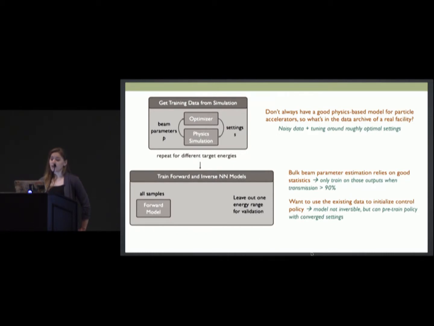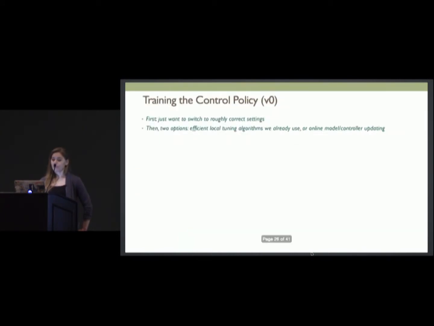And we wanted to then actually make use of that data for initializing the control policy. And unfortunately, the model is not invertible, so just using all of the data won't work. But we can at least use the converged settings to just get it started. So we trained the inverse model on the converged samples, and then that ends up being the initial policy.